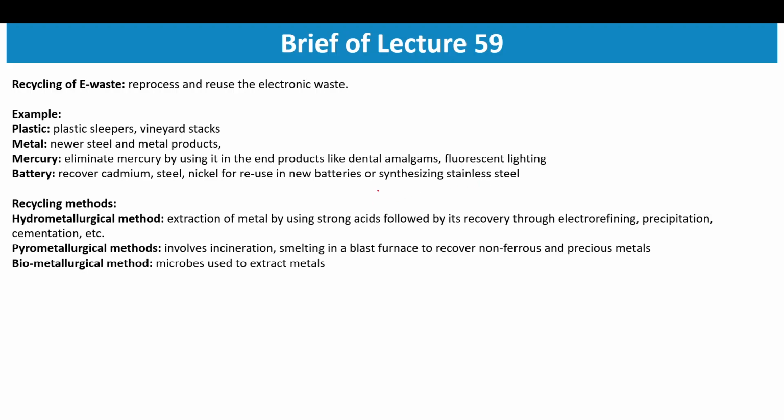Then another method could be the pyrometallurgical method, where you provide incineration, smelting in a blast furnace to recover and to separate non-ferrous and precious metals. Next is the biometallurgical method, where instead of strong acids to recover metal, plants have natural reducing agents, natural oxidizing agents, natural agents that can extract metal.